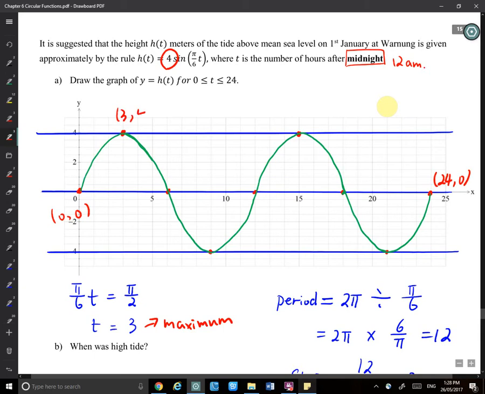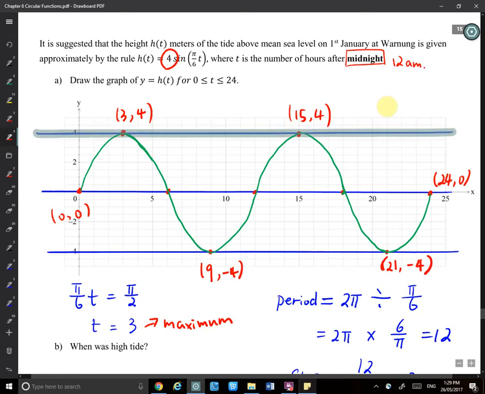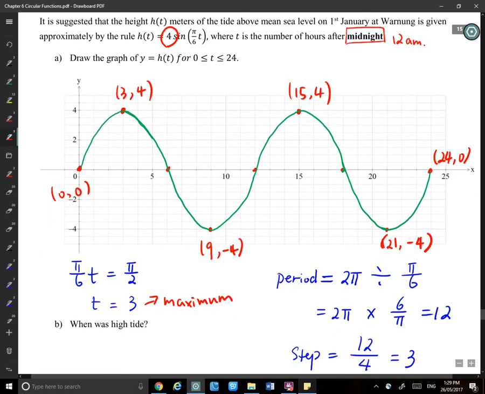Maximum 3, 4. Minimum 9, negative 4. 15, 4. 21, negative 4. That's the shape of the graph.